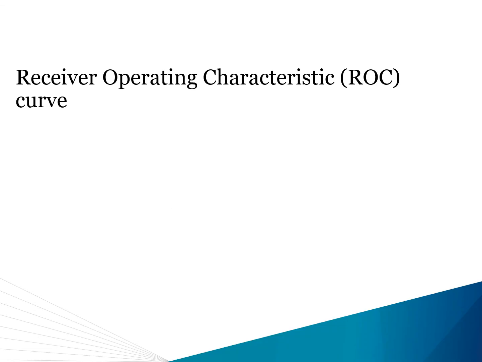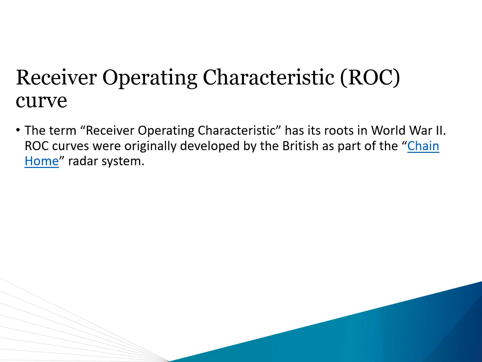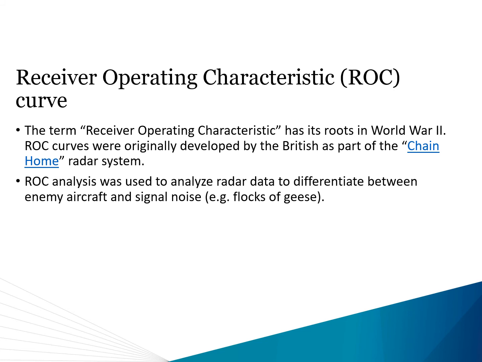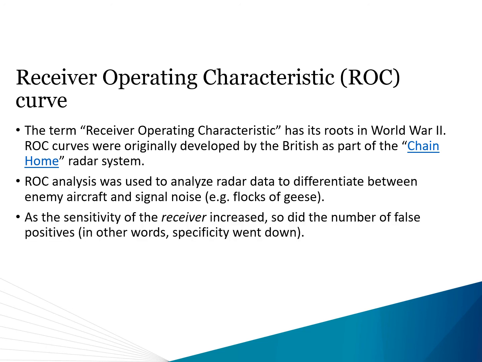So just to run over that quickly, the term receiver operating characteristic, also known as ROC, has its roots in World War II, and ROC curves were originally developed by the British as part of what was called the Chain Home radar system, which was there to detect incoming enemy aircraft. The ROC analysis was used to analyse radar data to try and differentiate between aircraft and other noise, for example, as I've said, flocks of geese.